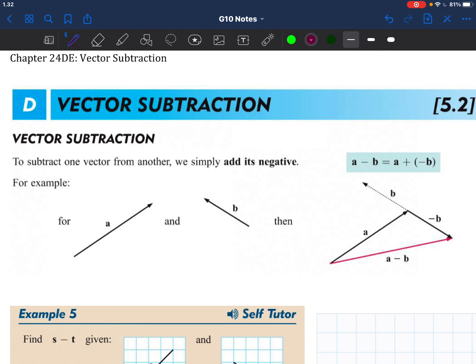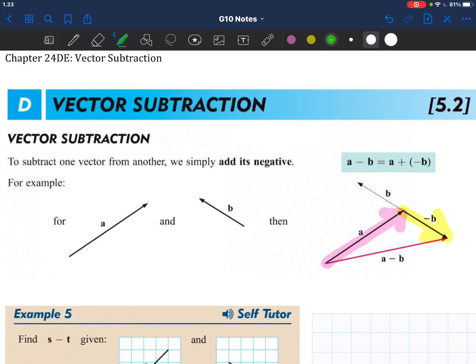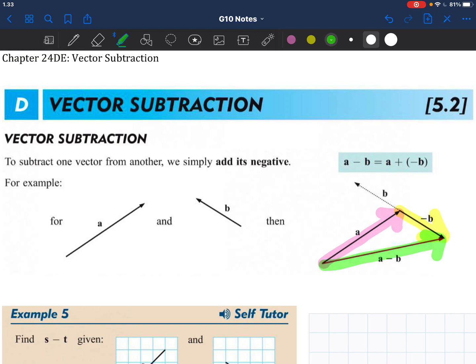So A minus B: you start with vector A, and then you add B. Since we're subtracting, we're going to add the opposite of B, so the opposite direction. So that would mean this vector here. And again, the displacement would be here. We're starting from the same beginning, and then we're ending at the same point right here. And that's it.